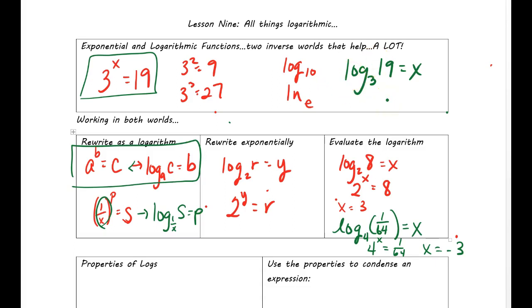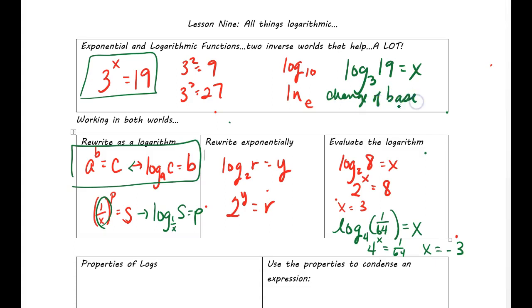As far as typing this in the calculator, if you don't remember how to do that, you have two options. On your calculator, under Math, you can find a log base button, and it will do it for you. Or, if you remember, there's a thing called the change of base formula.